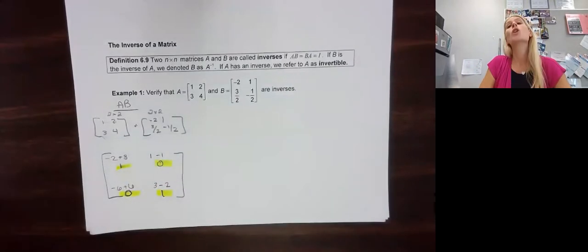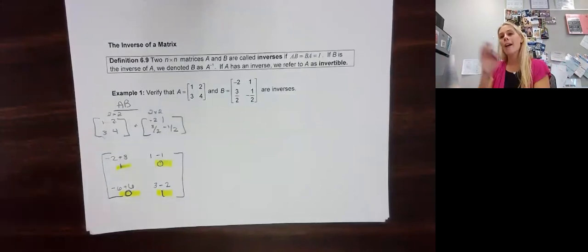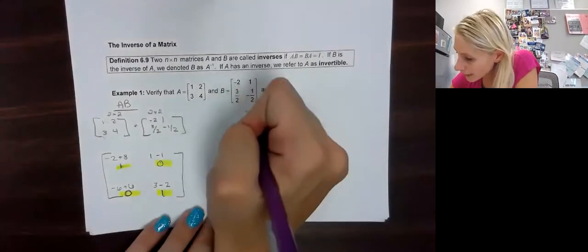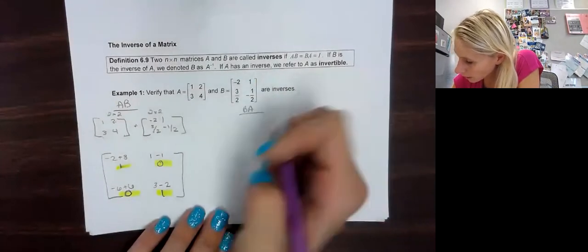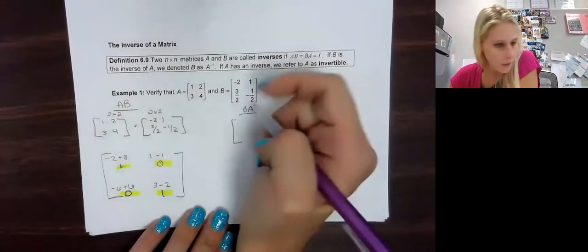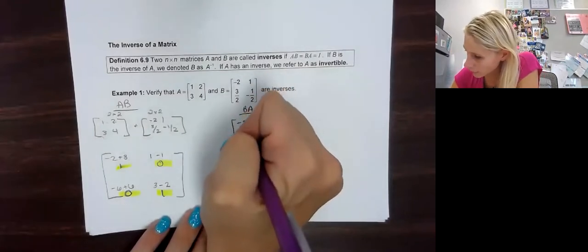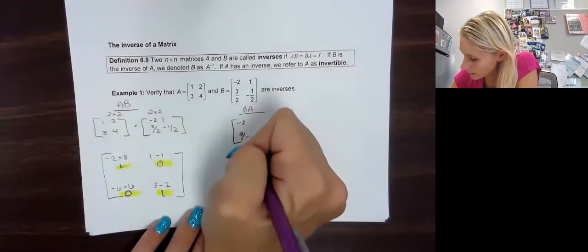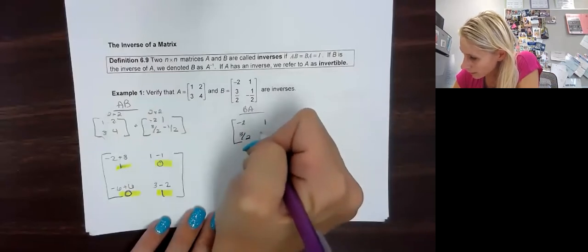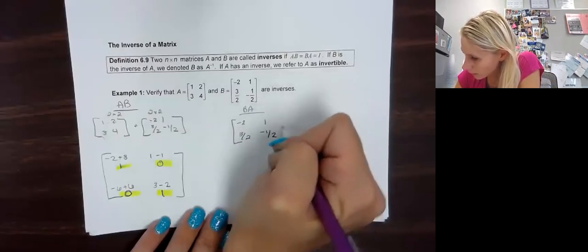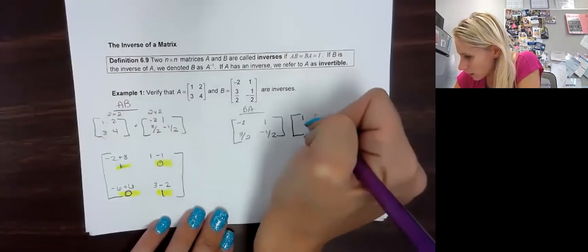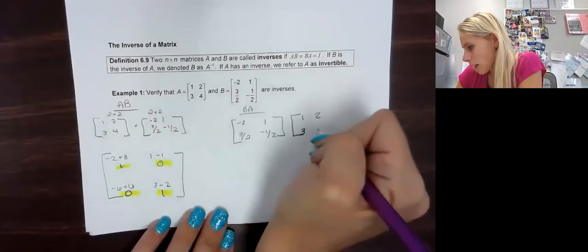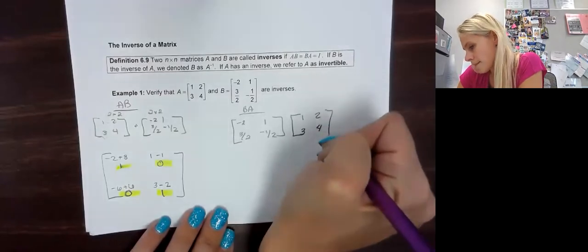And of course, to be an inverse, you have to have it both ways. So now let's test BA. So we have negative 2, 3 halves, 1, negative 1/2 times this 1, 2, 3, and 4.